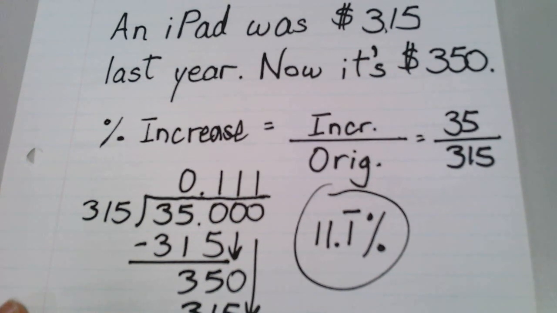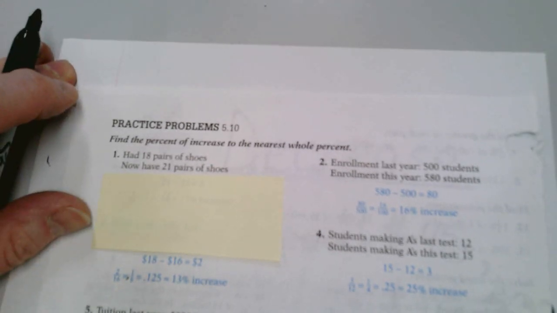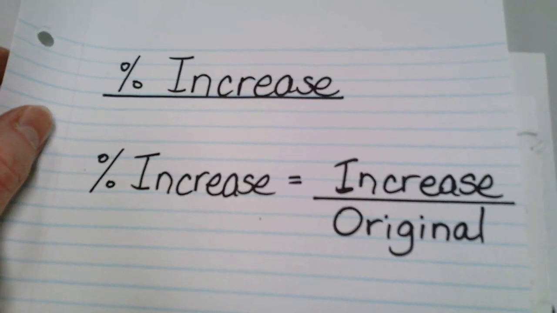Okay, in your textbook or in your workbook, you can see the question they have at the top here. You can see had 18 pairs of shoes. Now they have 21 pairs of shoes. And what you do for that one is, as we've said already, you just start with this formula here.